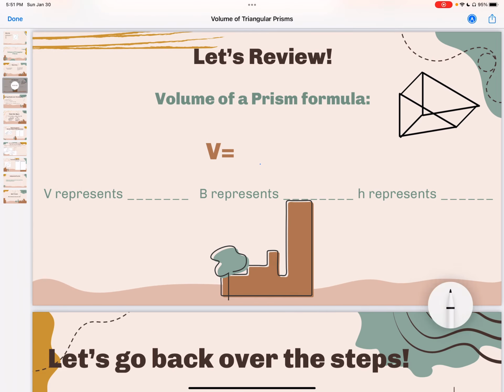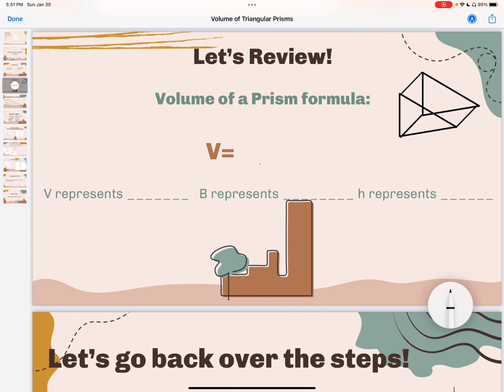For this lesson, we need our prism formula. So if you notice, it's V equals big B, or capitalized B, times H. So I'm going to rewrite that here. So V equals big B times H.